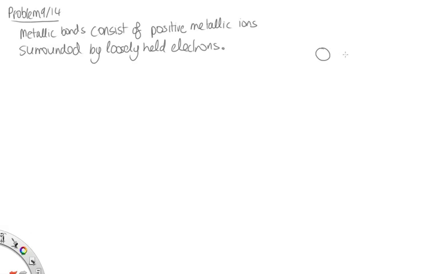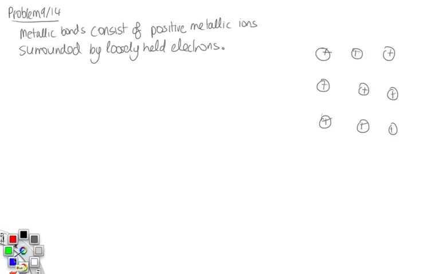So we've got a lattice like this of positive ions. And then electrons, which are only loosely held and are free to move.